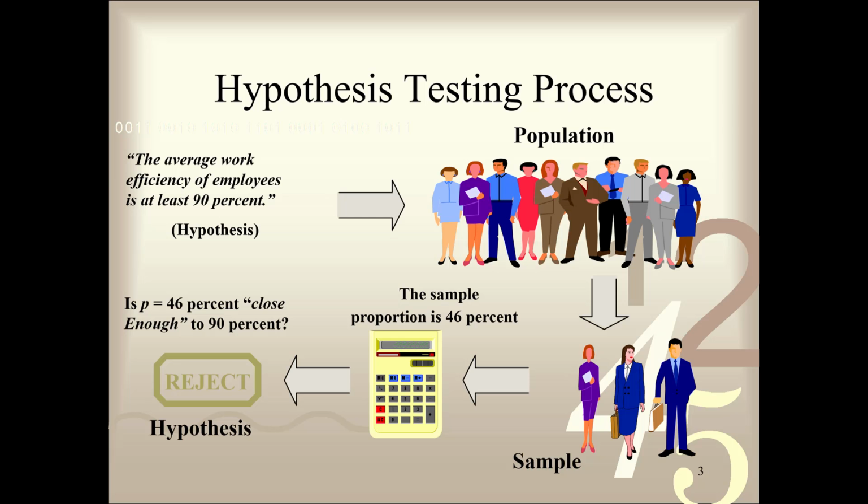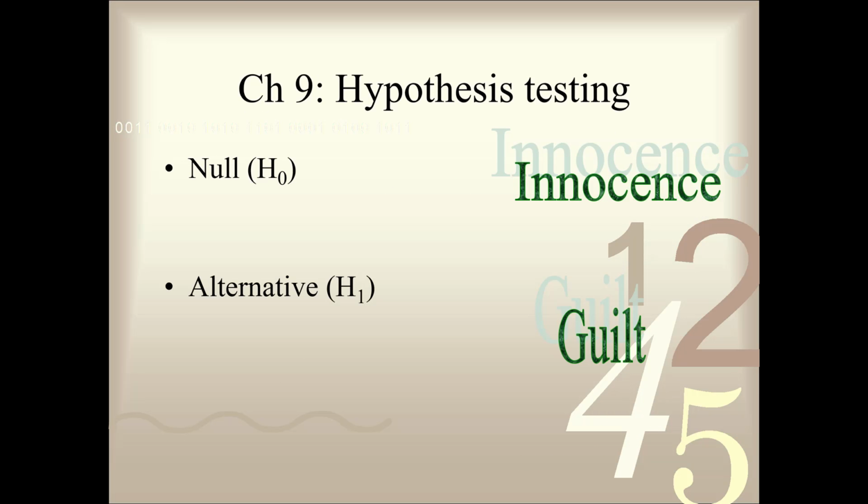Well, most likely 46 is nothing like 90%, so statistically you're going to reject the hypothesis. 46 is not statistically significantly close to 90%. Okay, so that's an example of hypothesis testing and some of the steps we'll go through, but we'll go through each step in turn. Okay, so just some background that also applies to Chapter 10.